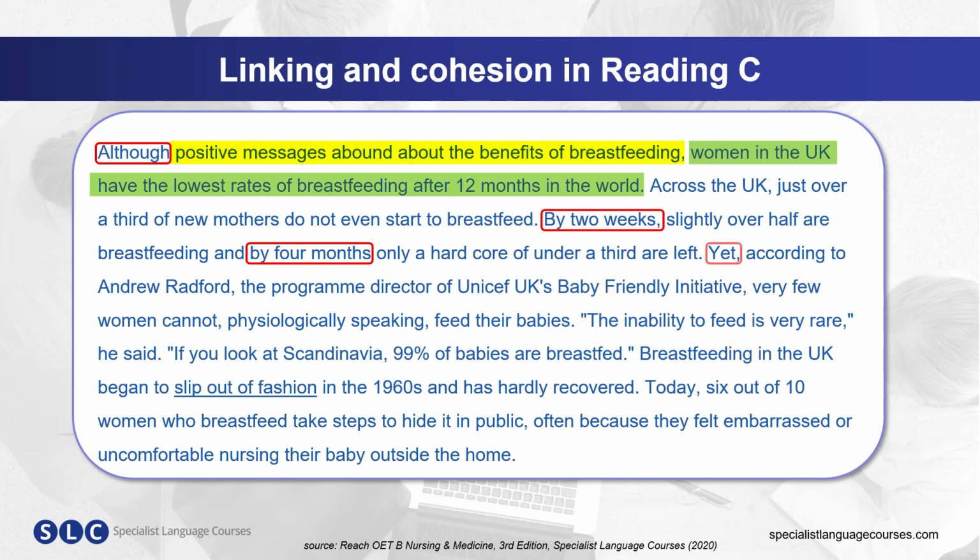The word yet indicates that a contrasting idea will now be expressed, explaining that not many women are physiologically unable to breastfeed. Today is used to highlight and emphasize the current trend, comparing statistics to the past, and because is used to give the reason or cause of this.